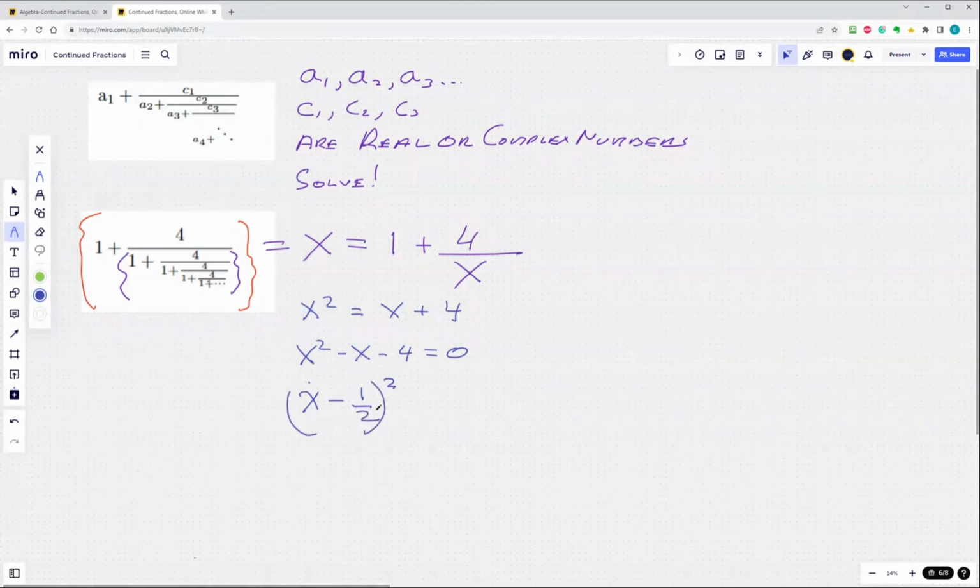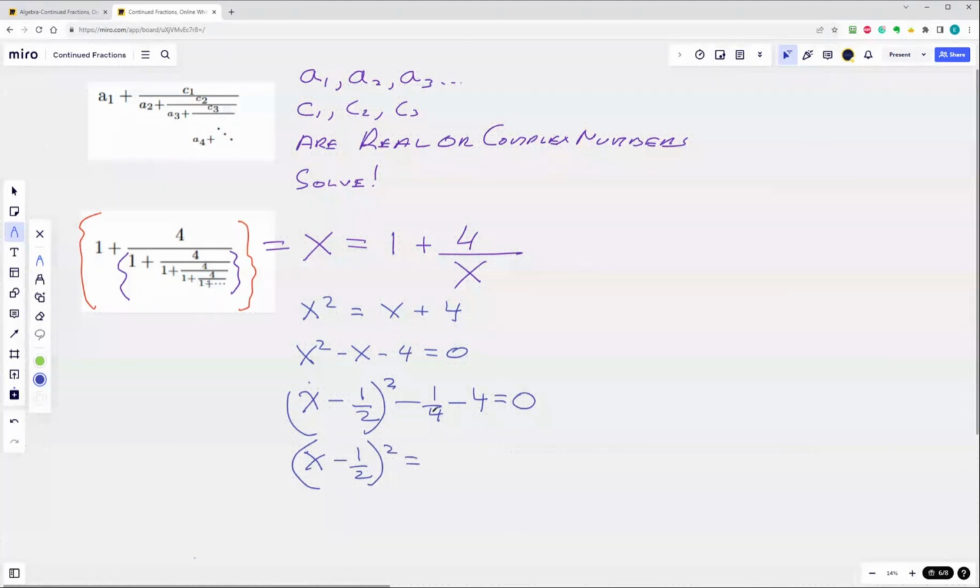When we're doing that, remember, we're just trying to replicate this equation in a different form by completing the square. So we're adding minus a half times minus a half, which is 1/4, which we never had. So we have to subtract 1/4, subtract the original 4, and set this equal to 0. Now we have x minus 1/2 squared equals 4 plus a quarter, which is 17 over 4.